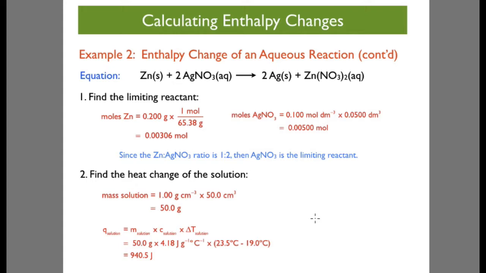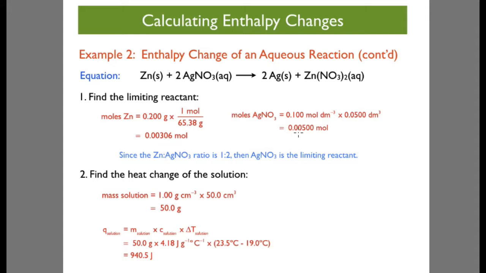So, first thing, let's find the limiting reactant. To find the moles of zinc, we'll use the molar mass as the conversion factor, and we get 0.00306. And then to find the moles of silver nitrate, we'd use the concentration multiplied by volume, and we've got 0.005. The ratio is 1 to 2.